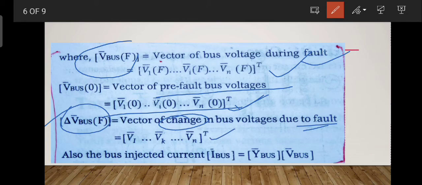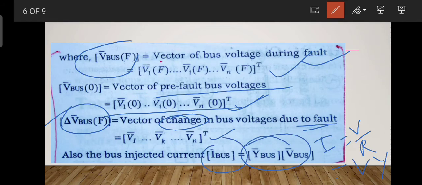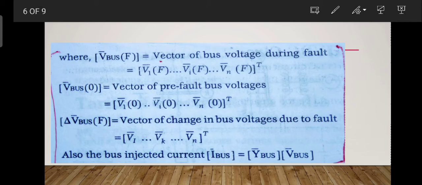Also, the bus injected current I bus is equal to Y bus into V bus, because I is equal to V by R and 1 by R is equal to Y. So V into Y is equal to I. Here V bus is the bus voltage vector and Y bus is the bus admittance matrix, with all the bus currents except the faulted bus K equal to 0.